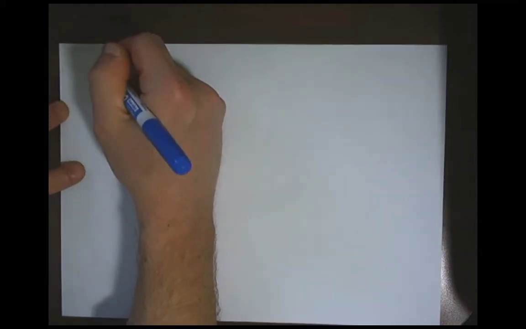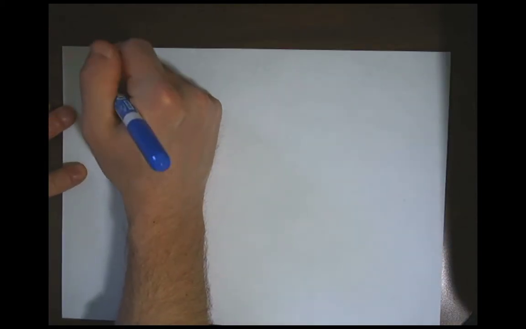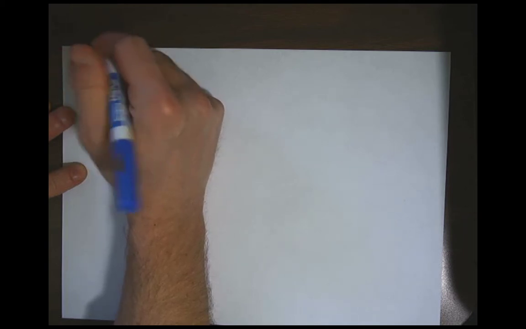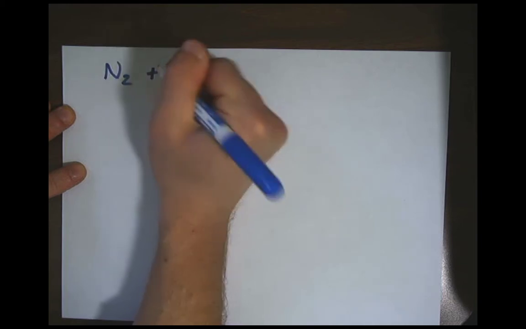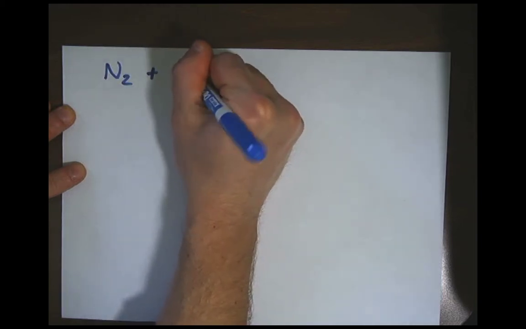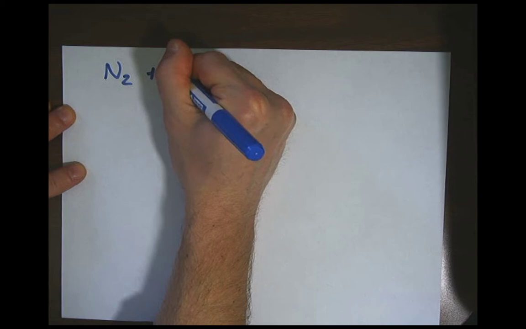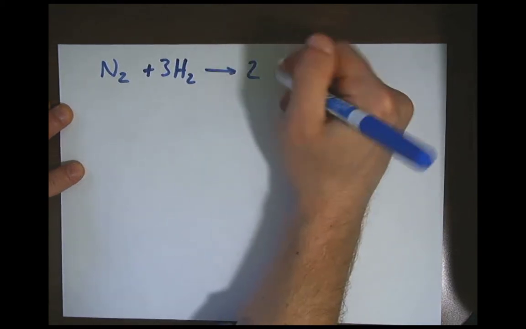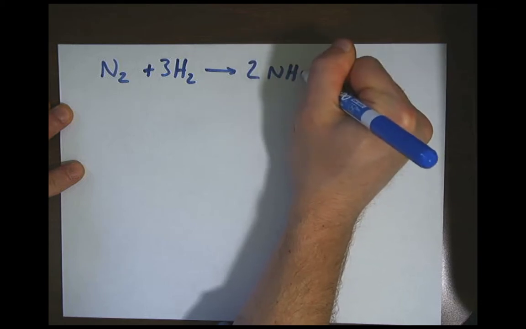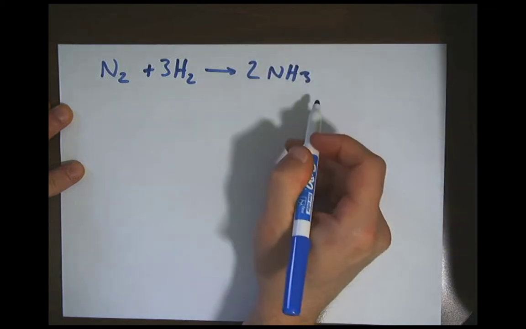Let's look at an example of a reaction that's going to require a little stoichiometry to figure out our reaction rates. So here's an example, and you can take this and run with it with those other questions that are similar. Let's talk about nitrogen and hydrogen gas when they mix to form ammonia in this reaction.